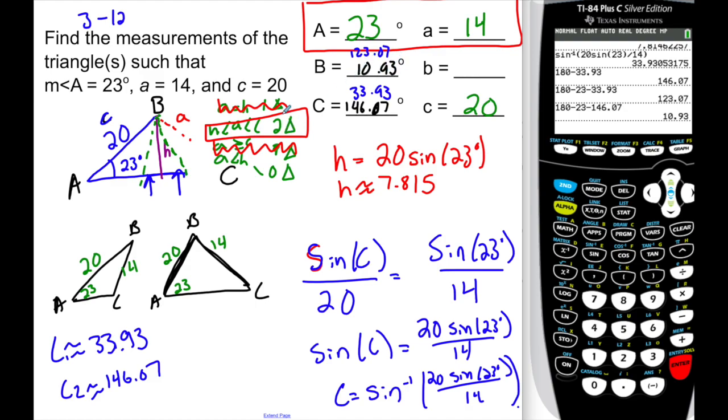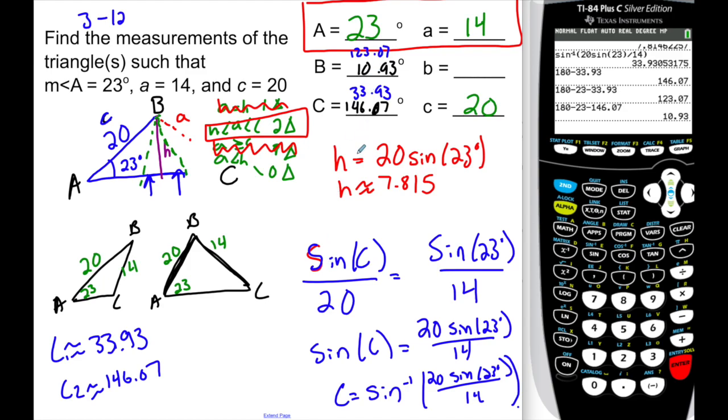Okay, so there we go. That's the remainder, because remember the three angles. So now when I add up 23 plus 123.07 plus 33.93, I get 180, and 23 plus 10.93 plus 146.07 also equals 180, and we know that all triangles add up to 180.